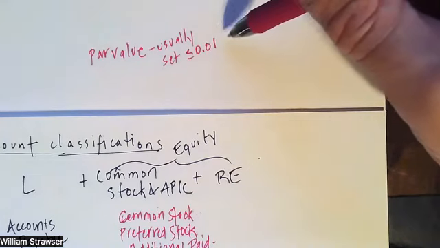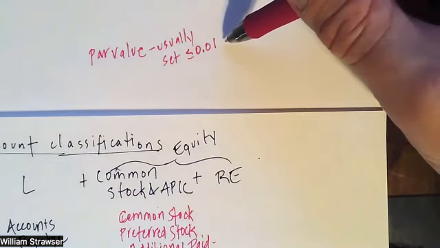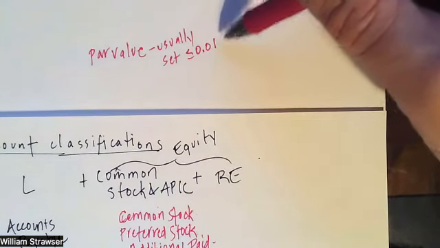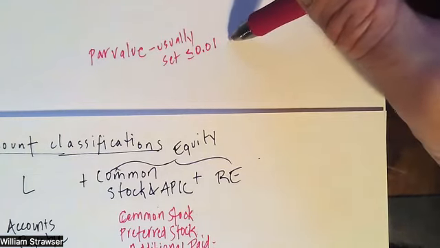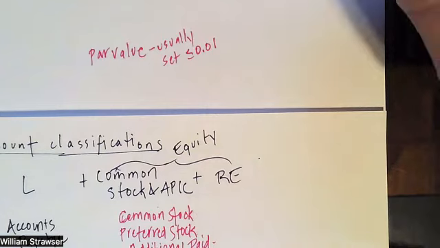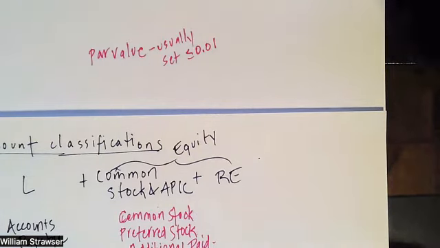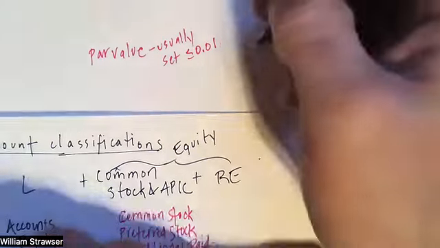And when we go through the balance sheet chapter, I'll show you some real world balance sheets where they have an insanely low par value, like $0.00000001 or something like that. It's essentially zero. It's so small.